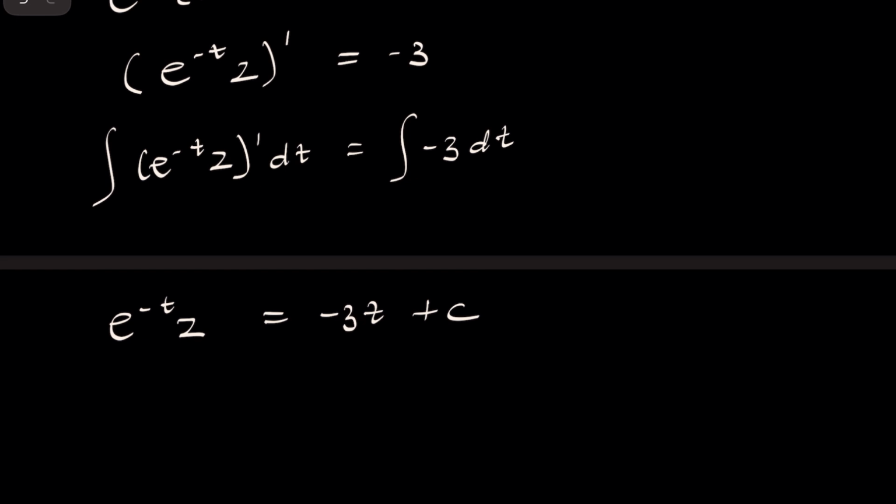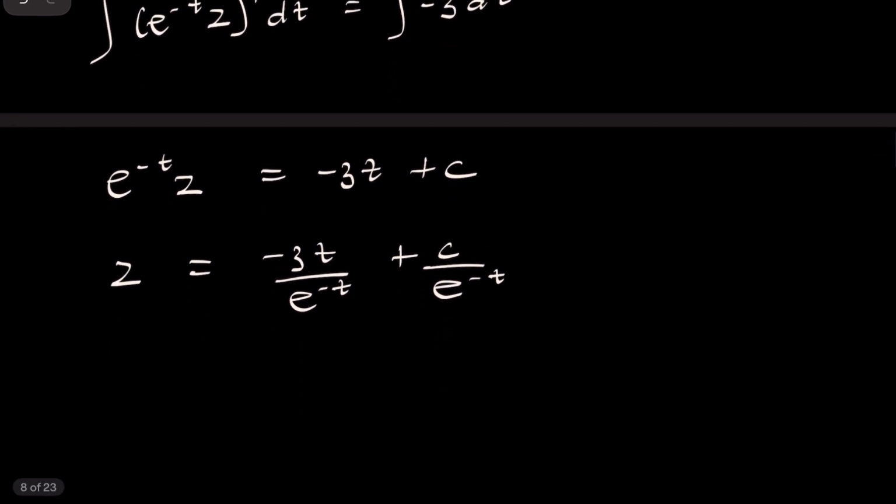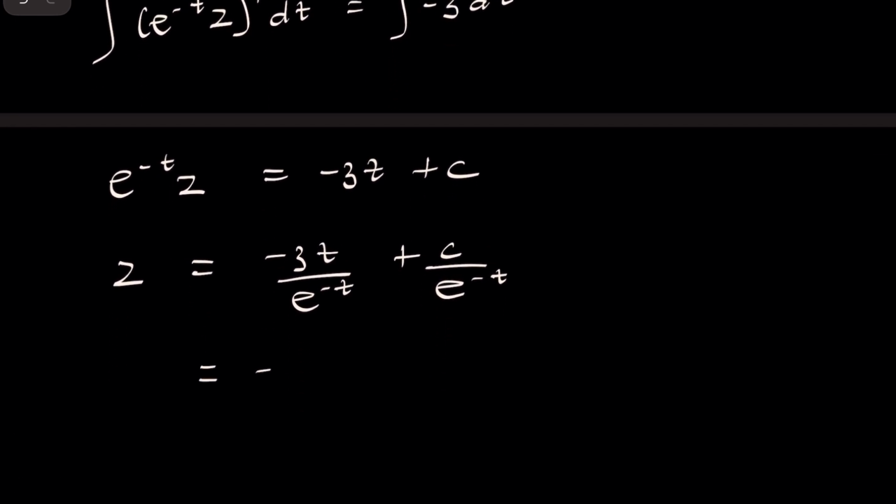And so we are going to have z equal to minus 3t divided by e^(-t) plus c divided by e^(-t). Thus, we are going to have minus 3t e^t plus c e^t. And so this is our function z of t.